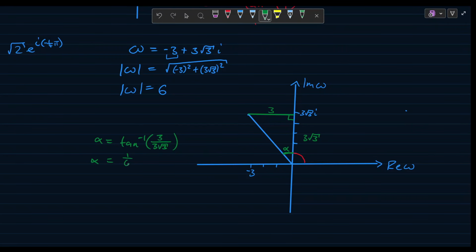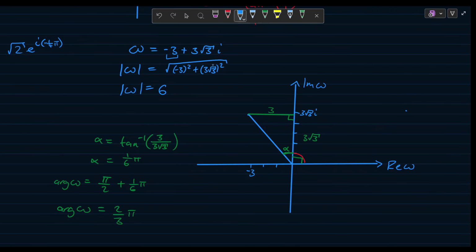1 over 6 pi. Alright, but to get theta, to get the argument of omega, we also have to add this pi over 2. So it becomes pi over 2 plus 1 over 6 pi, and this should give us the argument for omega. So that's pi over 2 plus pi over 6, and that gives us that the argument of omega is equal to 2 over 3 pi.